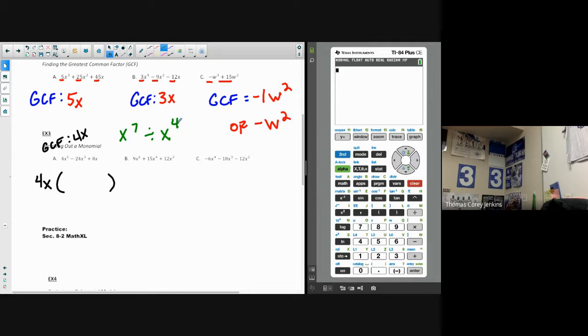Each one of these 4 cancels out one of those, so what you're left with is 3. Your exponent rule for division is to subtract. So that's x to the 7 minus 4, or x cubed. You've seen that before, but I think it's worth writing out.